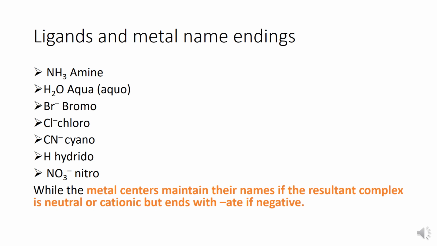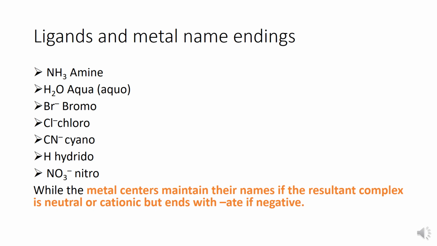For us to continue, we have to look at the names of the ligands and the metal that make up the coordination compound. First among them is the ammonia group, which we call the ammine group. Some people write it with double M, some write it with single M, amine. Water molecule is known as aqua or aquo.